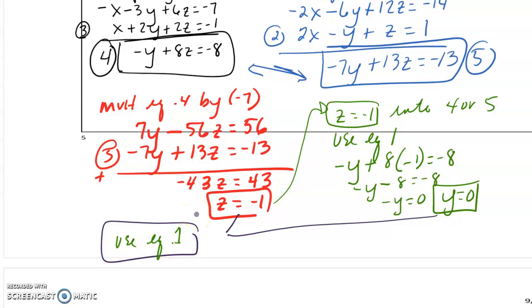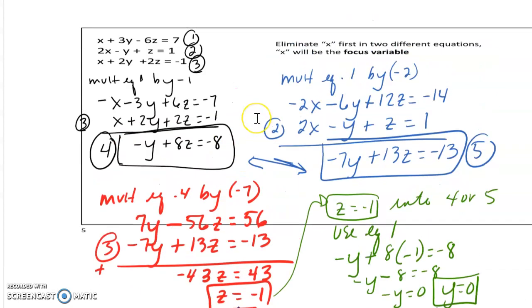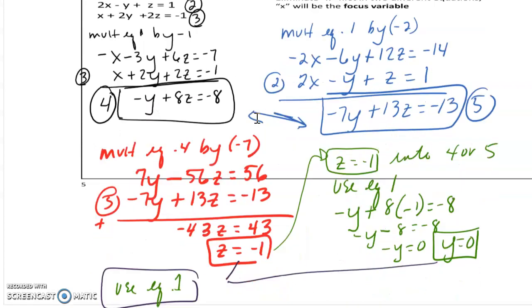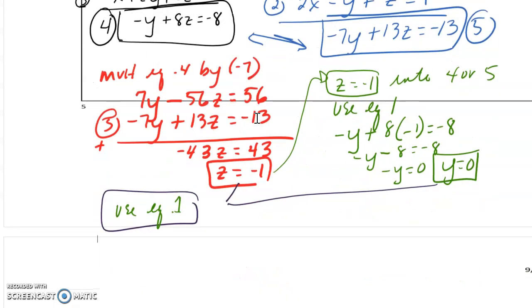And equation 1, let's just double check, is x plus 3y minus 6z equals 7. X plus 3 times y, which is 0, minus 6 times z, which is negative 1, equals 7.